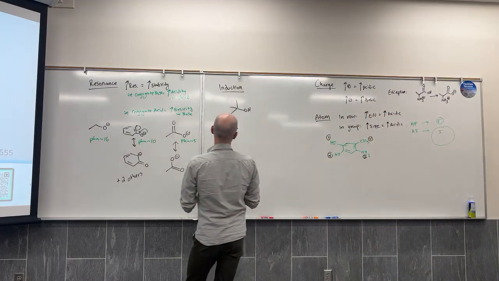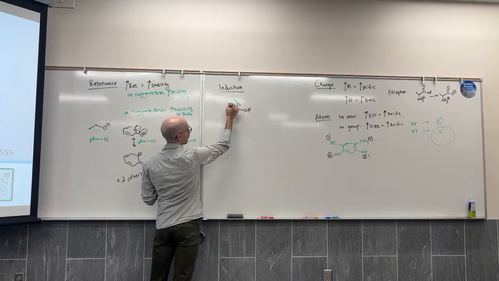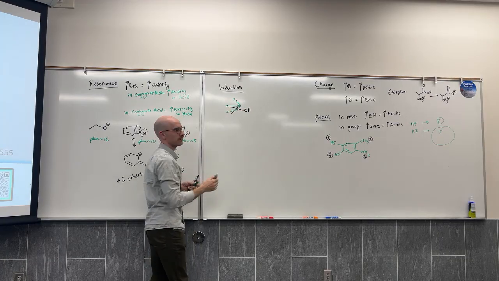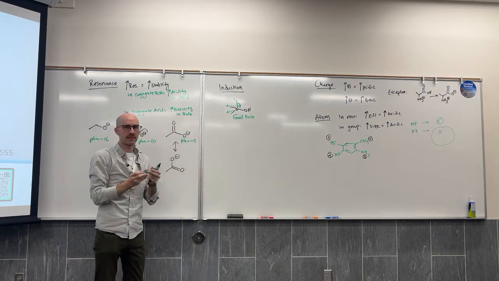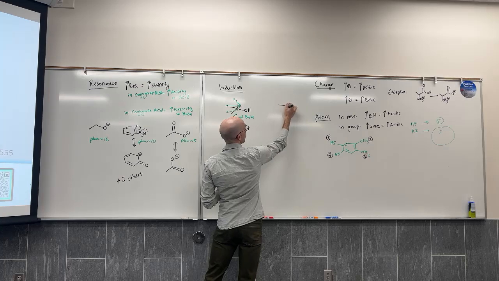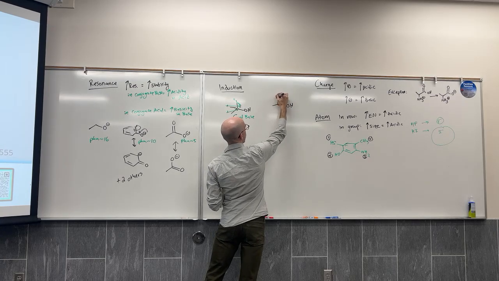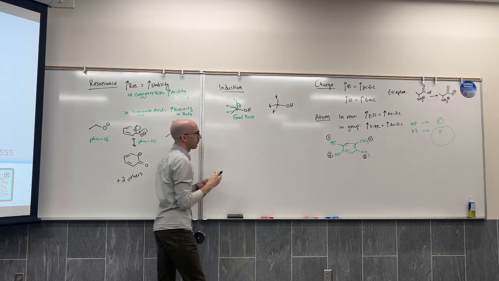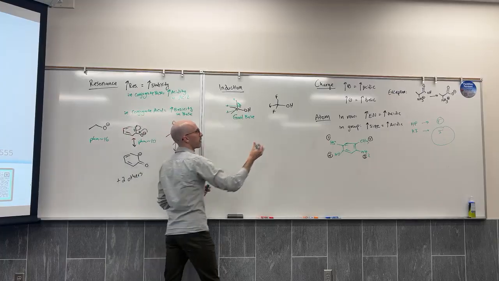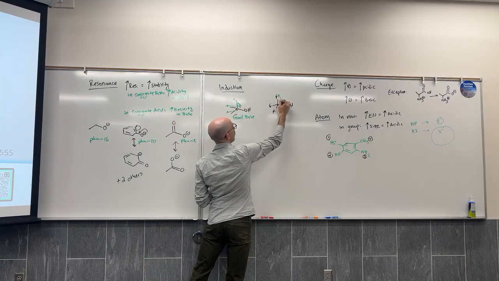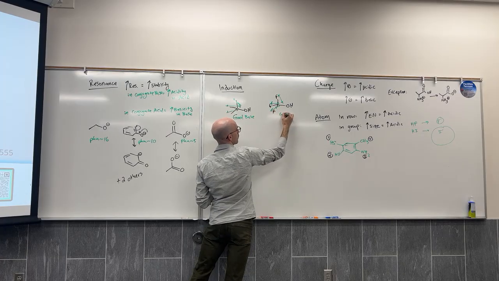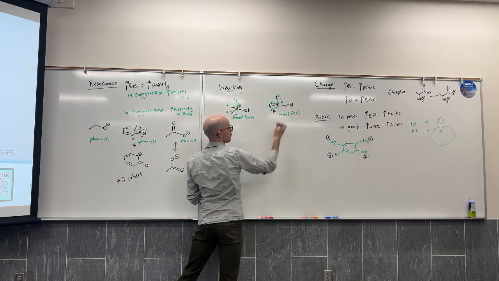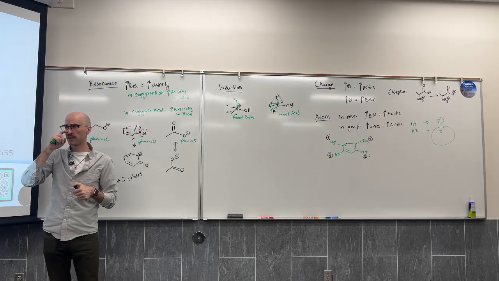Okay, induction is a push and pull of electrons. Things that are not very electronegative push their electrons towards that electronegative acidic atom. Makes that oxygen a good base. But if that oxygen is near things that are very electronegative, electronegative things pull electron density towards them, away from the oxygen, making it a better acid.